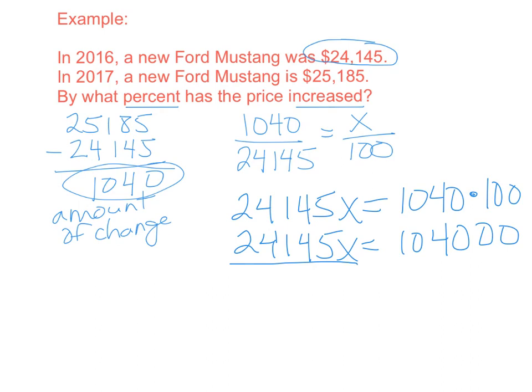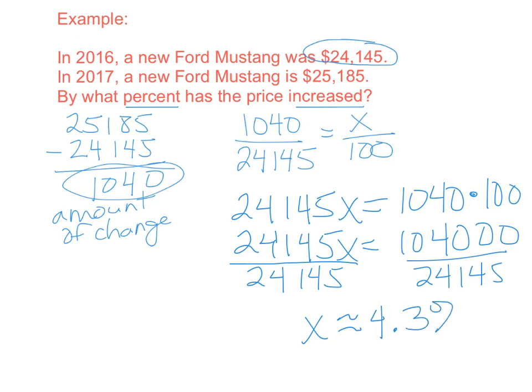Now I'm going to divide these, and since I'm rounding, let me make my squiggly equal sign, because it's about 4.3%. So the price has increased by about 4.3%. Excellent.